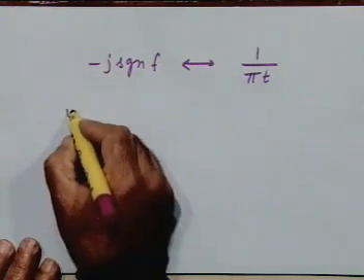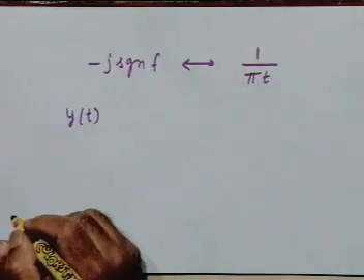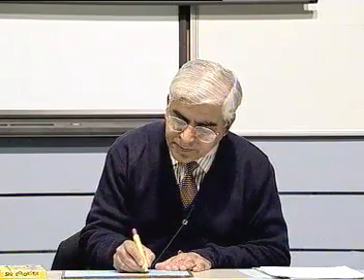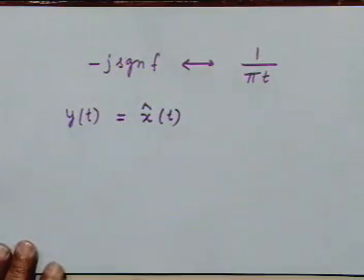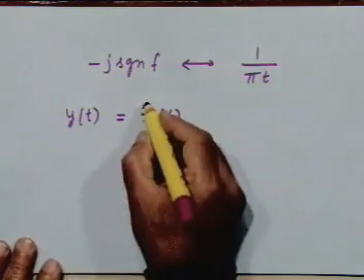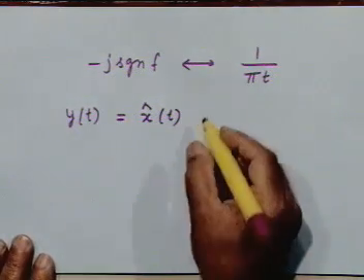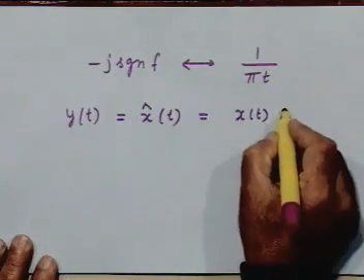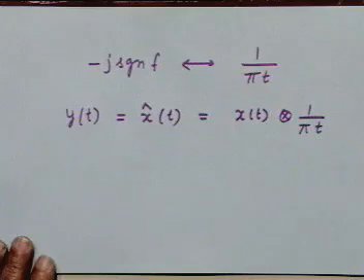And therefore we can now write what y of t will be like. Instead of calling it a general signal y of t, since it's a very special operation, I will denote it by a special notation. I will call it x hat t, x cap t. We will call it x cap t, and it is equal to the convolution of the actual input signal x of t with the impulse response 1 by pi t.